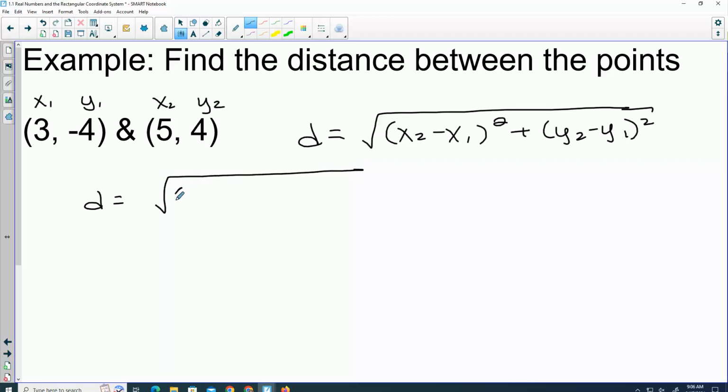Square root. My x2 is 5 minus 3, so we subtract our x's, square that. Y2 is 4 minus -4.